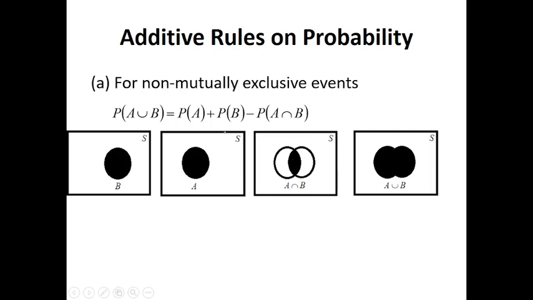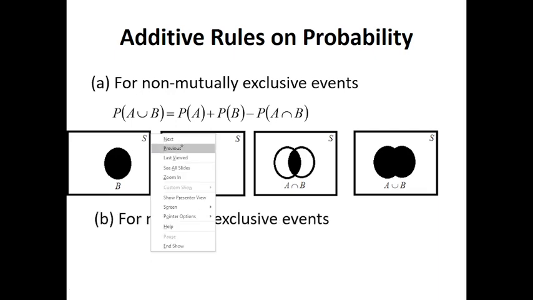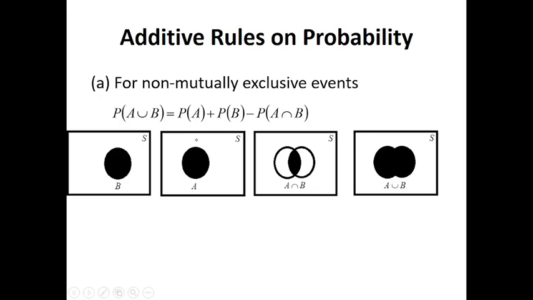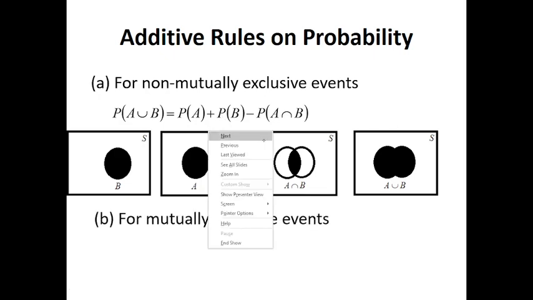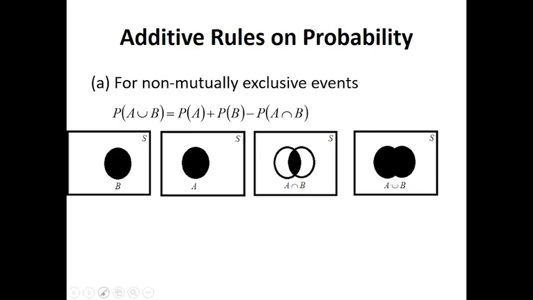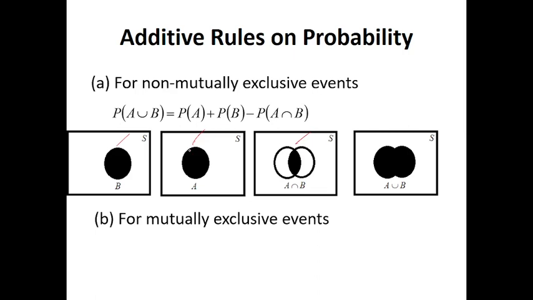Add natin yung dalawa, ito tsaka ito. Ma-minus natin yung isa kasi mag-overlap yan eh. Okay?